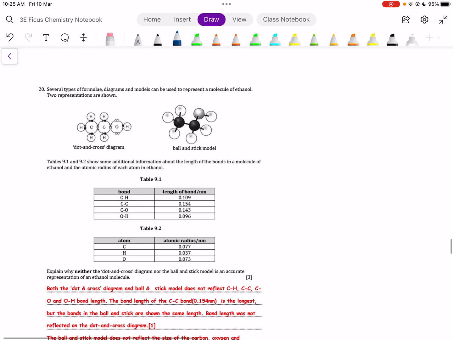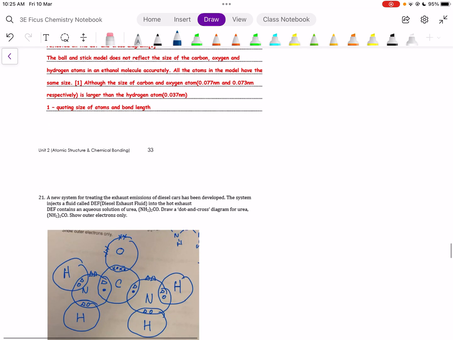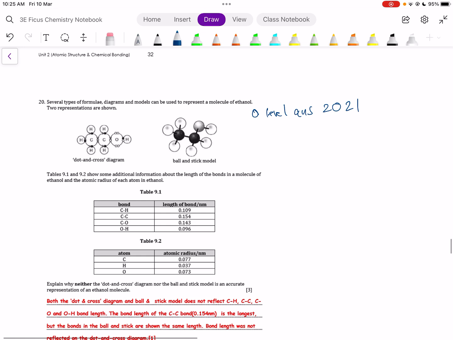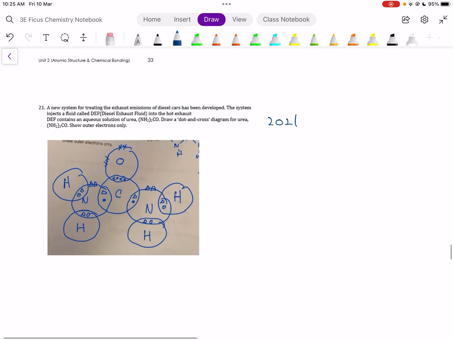This one is an O-level question. I think it's in 2021. No, this one is in 2021. The other one I think in 2020. Yeah, this one is in 2020. All quite recent ones.